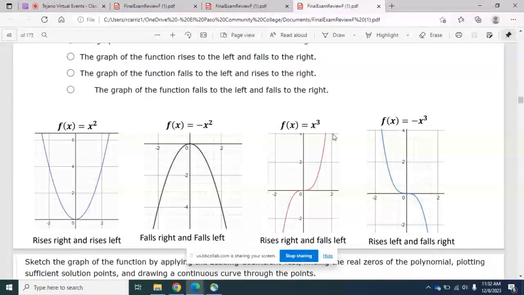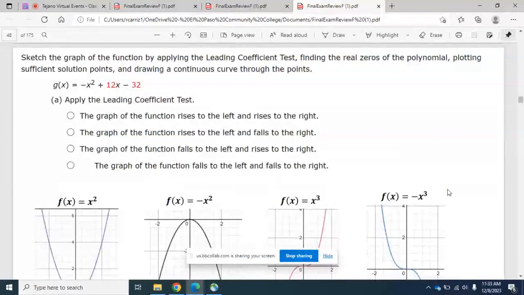Now, if we have an odd function, and we're just using the cube as an example, an odd function again is any function where the degree of the exponent is an odd number, okay? So if our leading coefficient is a positive number for an odd function, it's going to rise on the right and fall on the left, okay? If we have an odd function and our leading coefficient is a negative number, it's going to rise on the left and fall on the right.